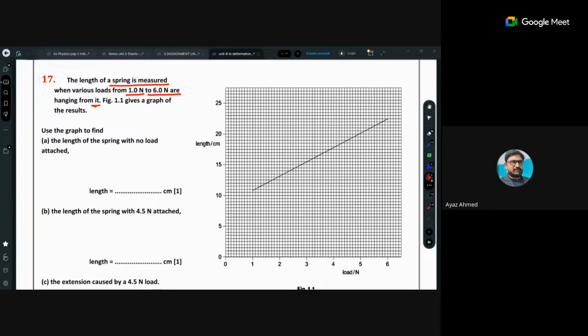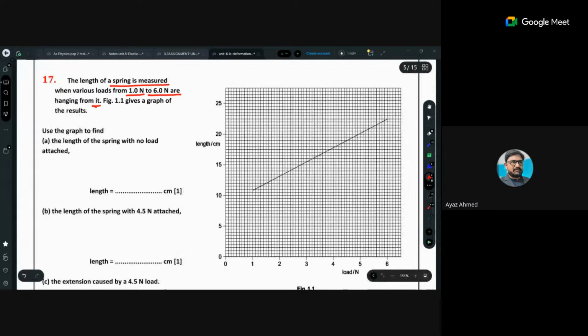Hassan, you also have to go sit and help out with this. The graph is shown. Using the graph, find the length of the spring with no load attached. How to do that? Tell me how you will do it, then I will let you know the value.